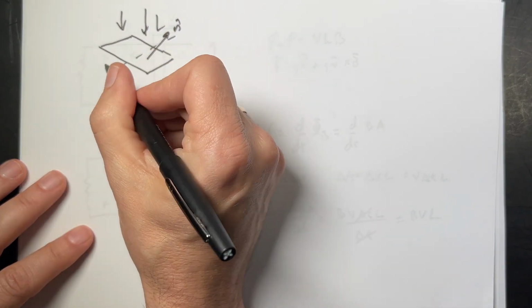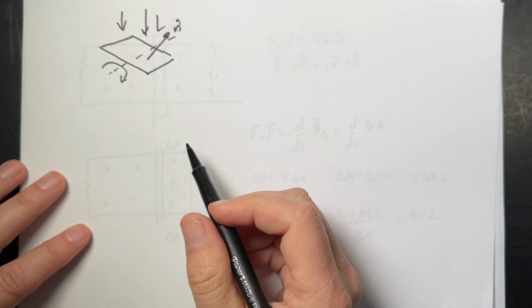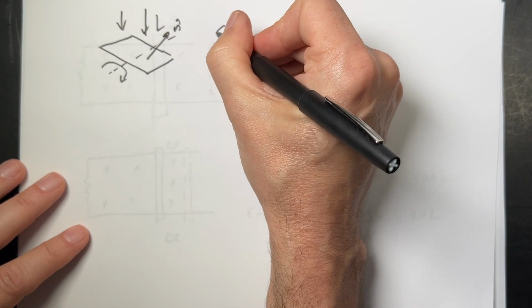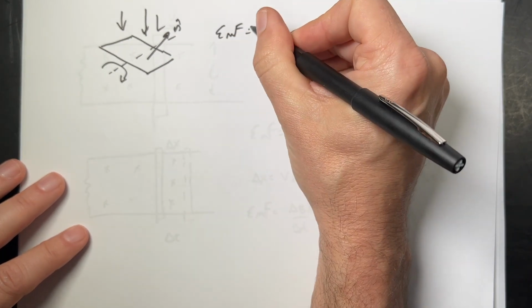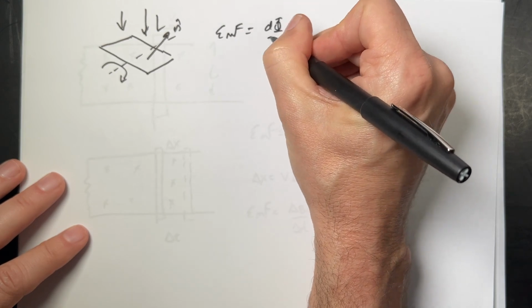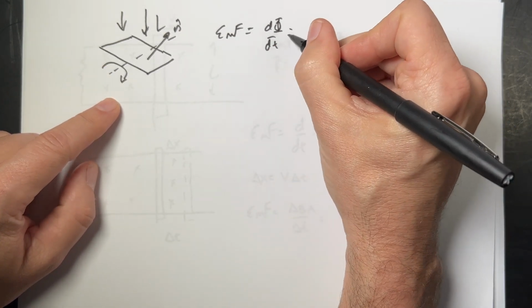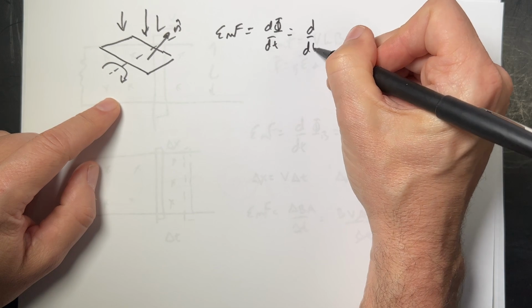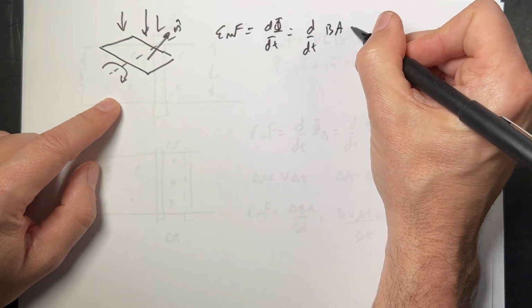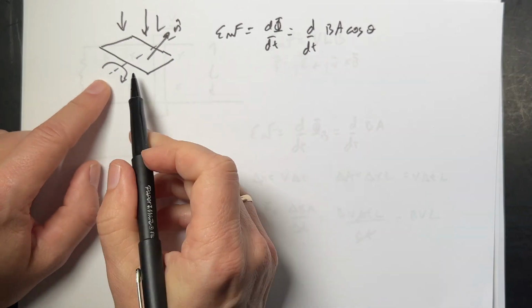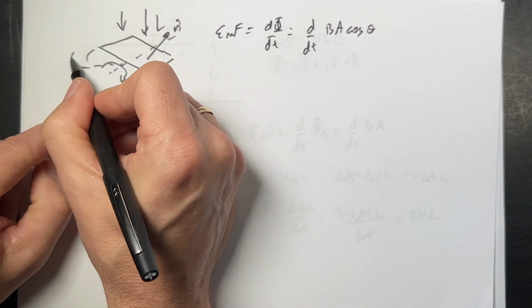So as this coil rotates, the flux changes, right? So again, I can say EMF is, let's write it as a derivative, d phi dt. So if this is rotating at some angle, then I can write this as the derivative of B A cosine theta, where theta is the angle of that.